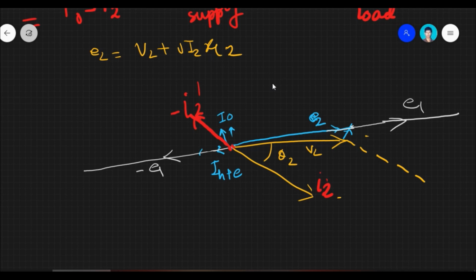This is my minus I2 dash, and this is my I0.